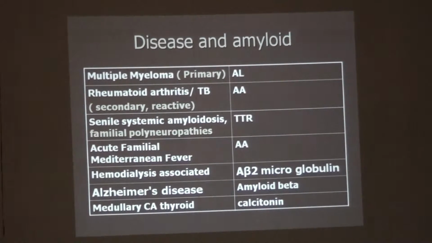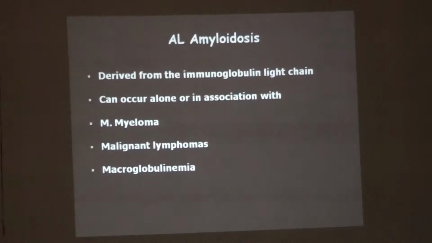That is the AL variety. Then the second is rheumatoid arthritis and tuberculosis, AA. Senile systemic is TTR, transthyretin. Familial is another variety, and there is also Alzheimer's disease and medullary carcinoma of the thyroid, where we get calcitonin.